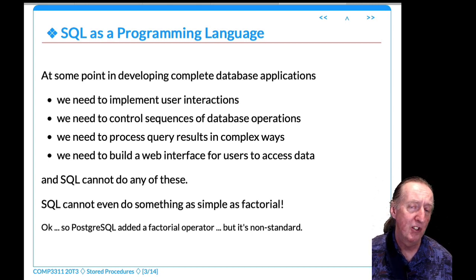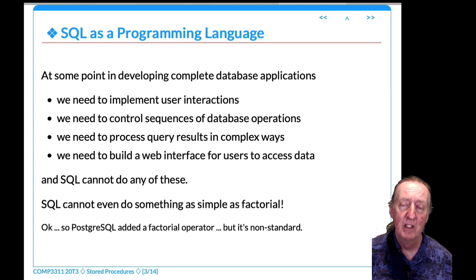Implement user interactions, SQL can't do that. Control sequences of database operations, similarly, it'll take in a select statement and it'll execute it, give you back a set of results. That's about all you can do. And similarly, that's about the extent of user interactions as well. If we get back query results, we often want to process them in a way that's a little bit more sophisticated than what you can do with SQL itself.